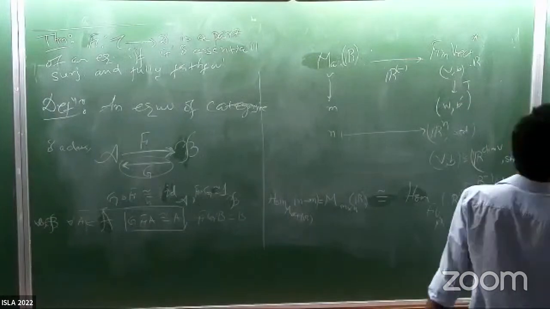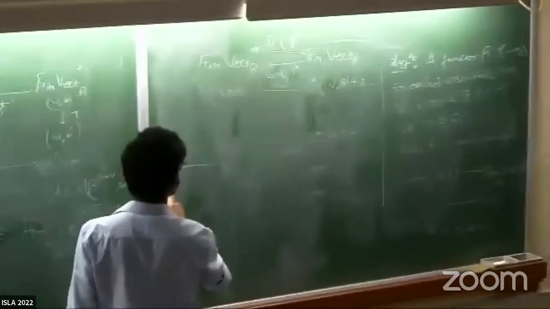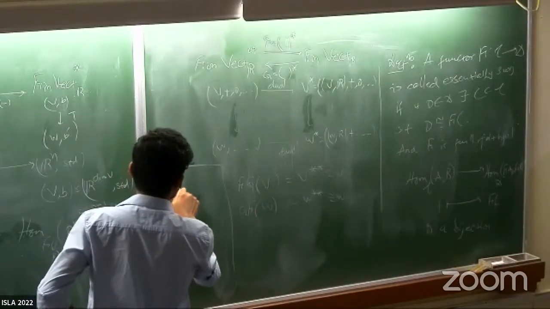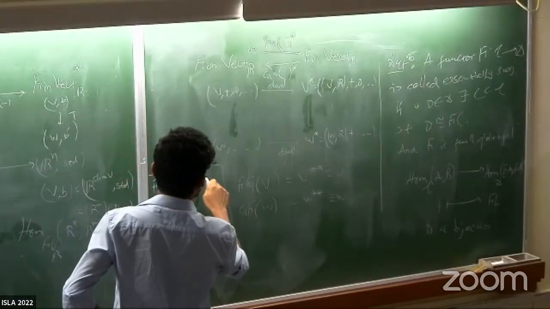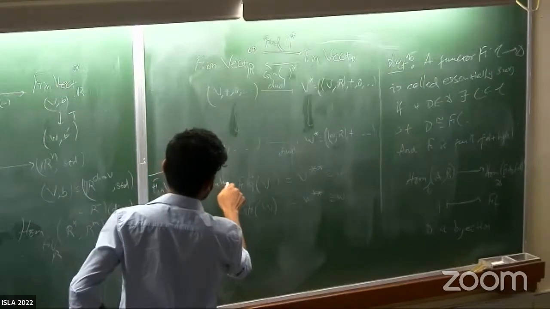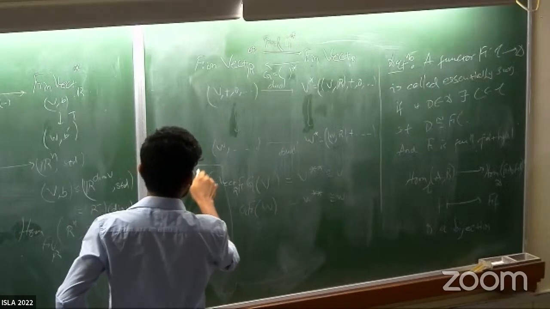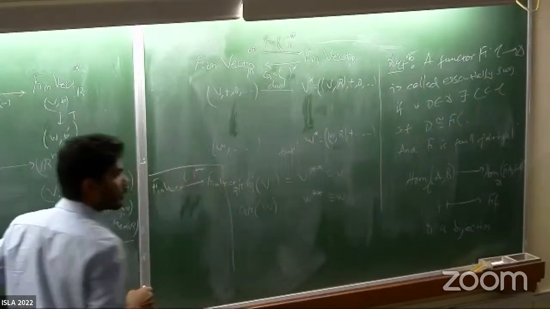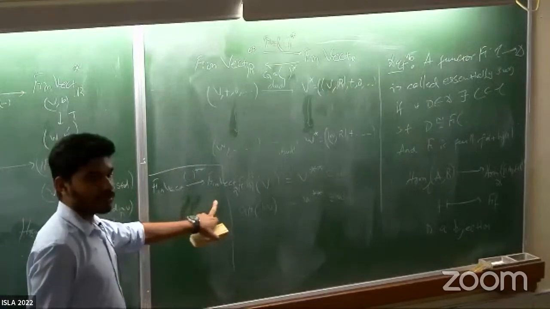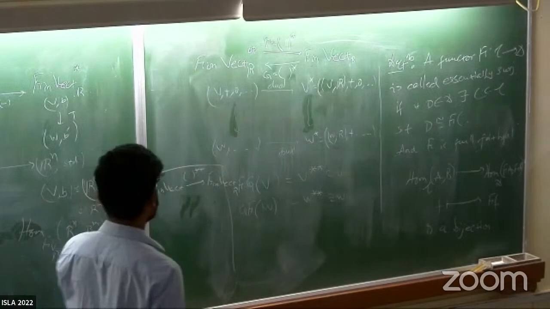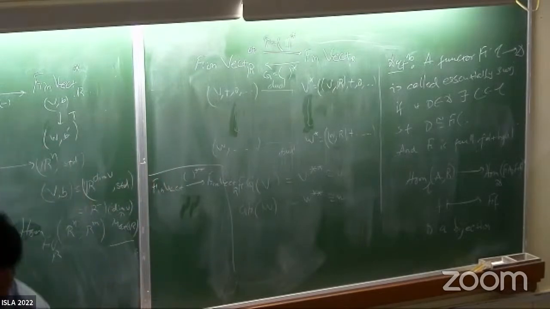This is just to emphasize that you can have covariant functors from finite dimensional vector spaces to finite dimensional vector spaces, which is just the composition: take the double dual, and then you know that every object here is isomorphic to its double dual. Therefore, this also gives you an equivalence. Just show that the fully faithful condition is there.